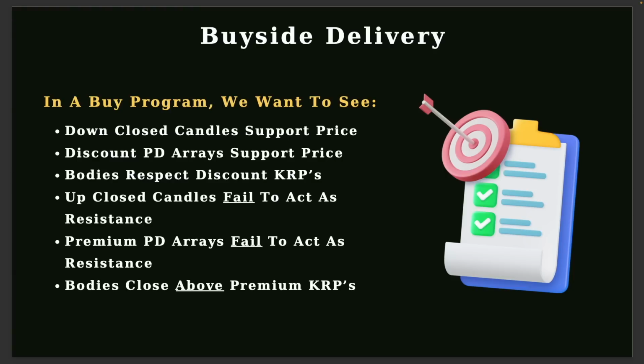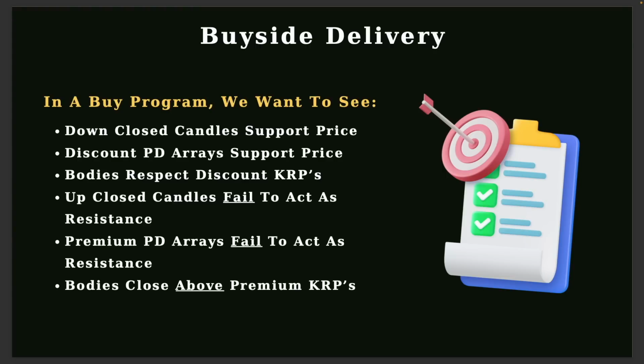If those are the things that we want to see support price, we want to see up close candles or bearish order blocks fail to act as resistance. So we want to see price smash through bearish order blocks when we're in a state of buy-side delivery. On top of that, we want to see premium PD arrays in general fail to act as resistance. So SIBIs, volume imbalances in a premium, bearish breakers, things of that nature.